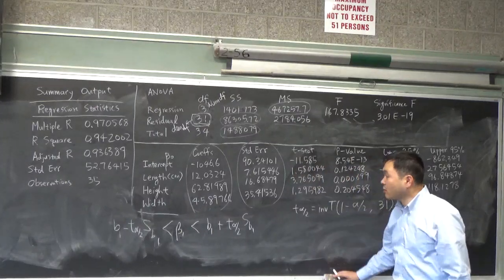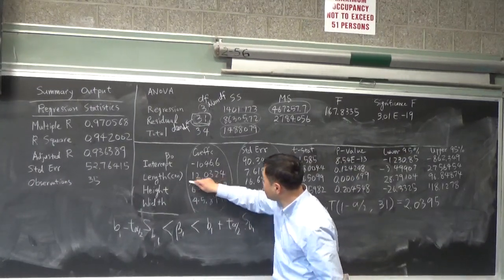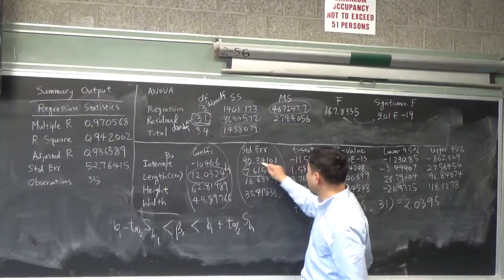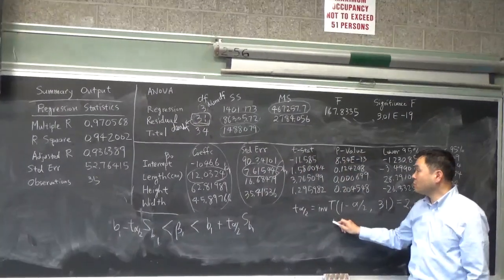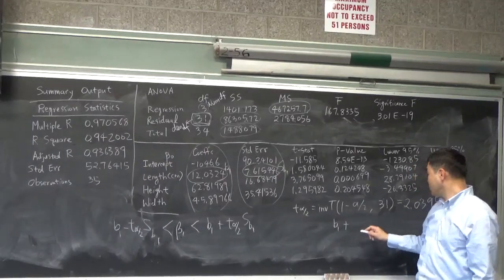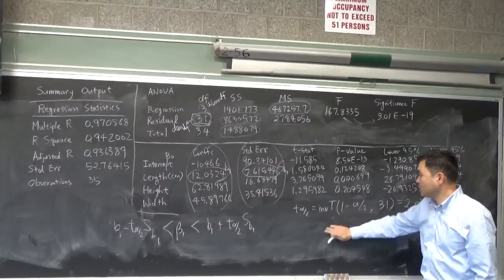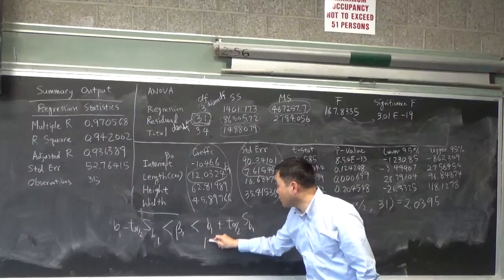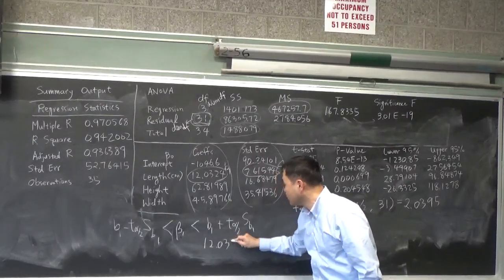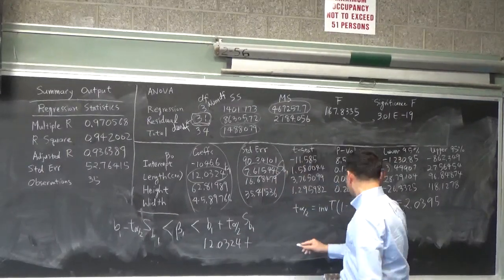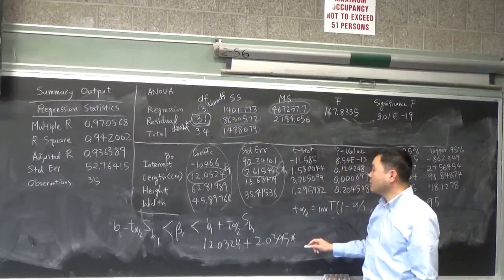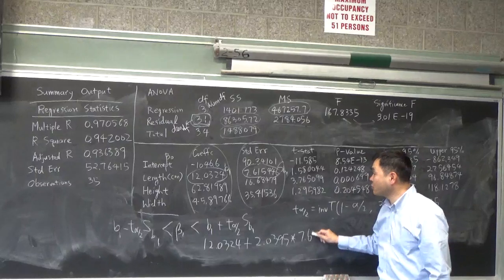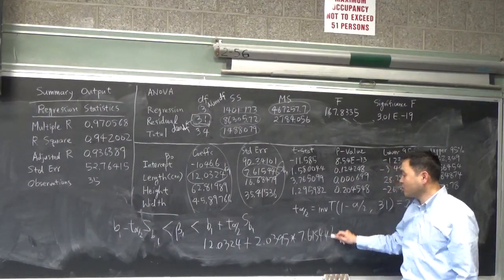So what you do is this is your B1. This is your SB1. Okay. So B1 is 12.0324 plus 2.0395 times SB1, which is 7.615446.